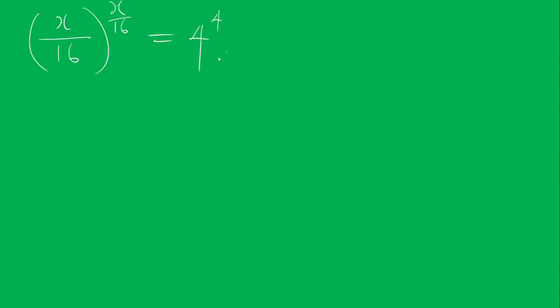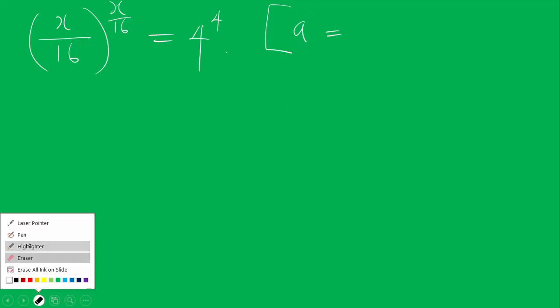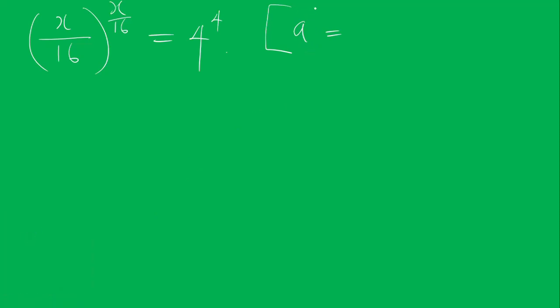So now, according to the law of indices, let me say for instance you have a to the power of a equal to b to the power of b.